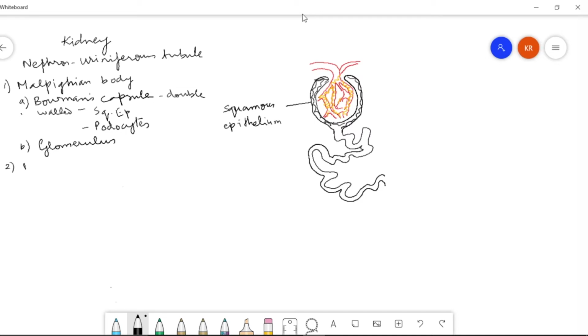The second part is the PCT. Now, if you take a section of the PCT anywhere, see, this is the internal space, this is the lumen.